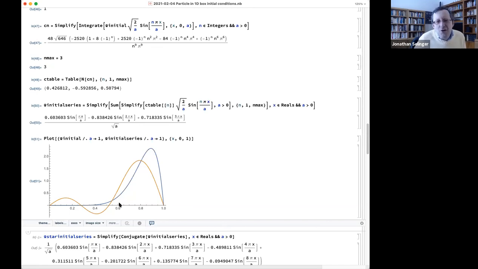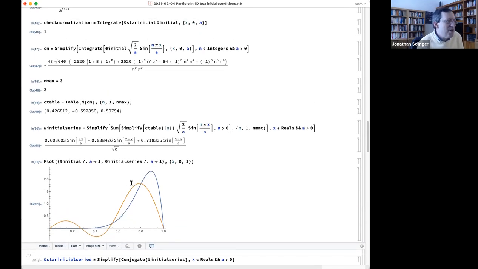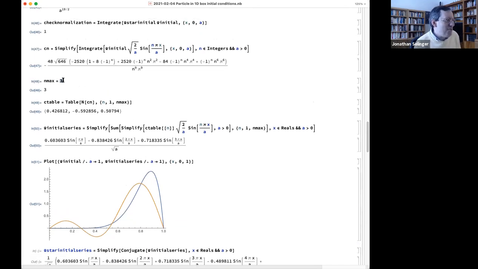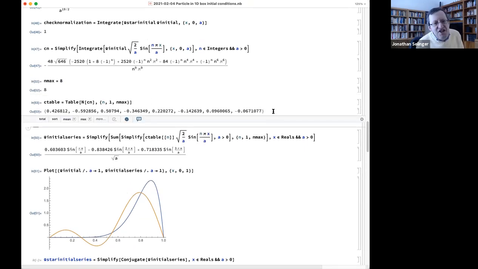It's not so good because, mathematically, it's guaranteed to be good if we take an infinite number of terms. But I only took 3 terms. 3 is not enough. What if I did more terms? What if I did, say, 8 terms? So here's a list of the first 8 terms.